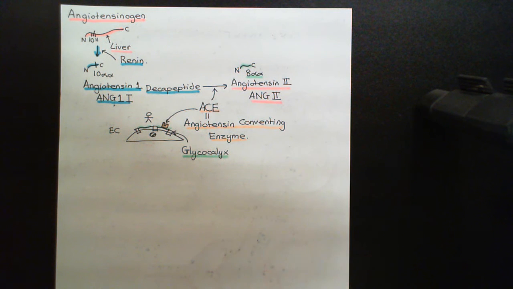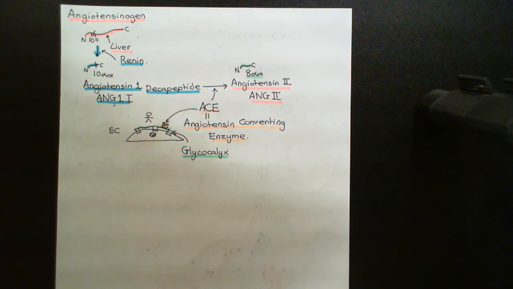And as I say, you find ACE enzymes on the surface of endothelial cells all over the body. So go anywhere in the vasculature in the body, you'll find angiotensin converting enzymes. But particularly the famous site where you can find angiotensin converting enzymes is the pulmonary vasculature, so the pulmonary circulation.